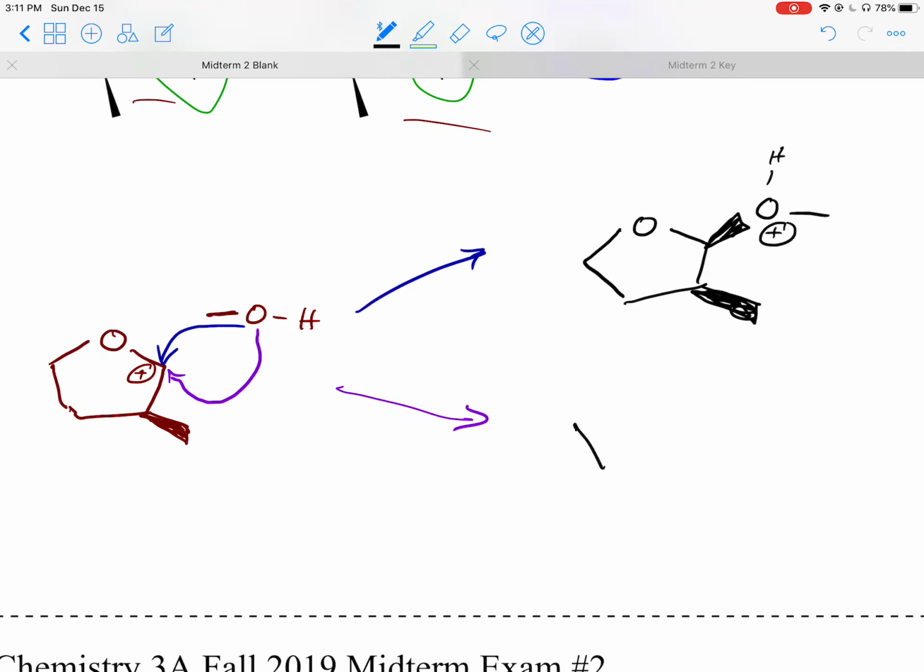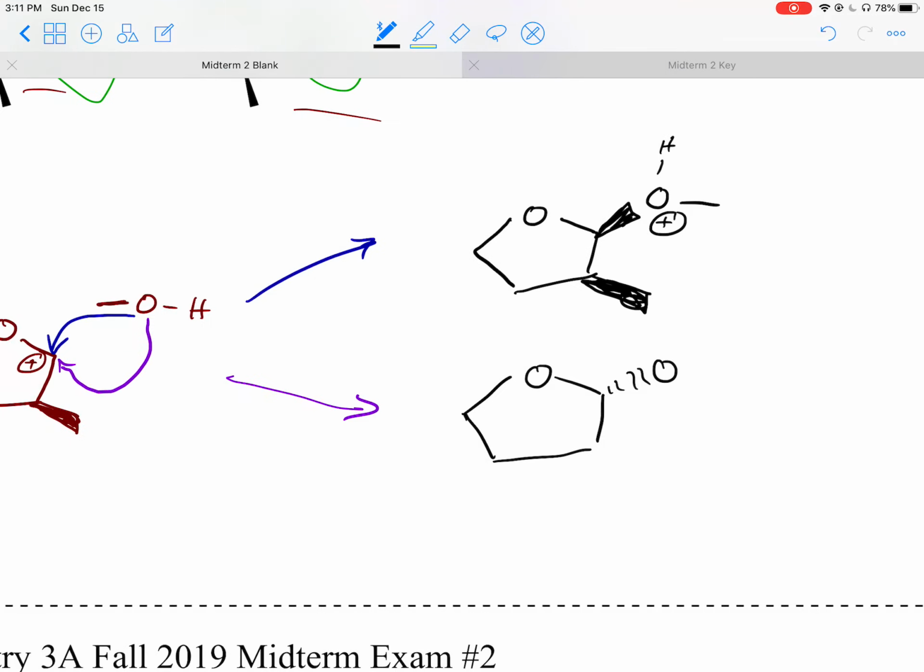And then we'll also have oxygen. So there's a 5-membered ring. Now the methanol attacked from below, and still has a plus charge. And this methyl will still be wedged.